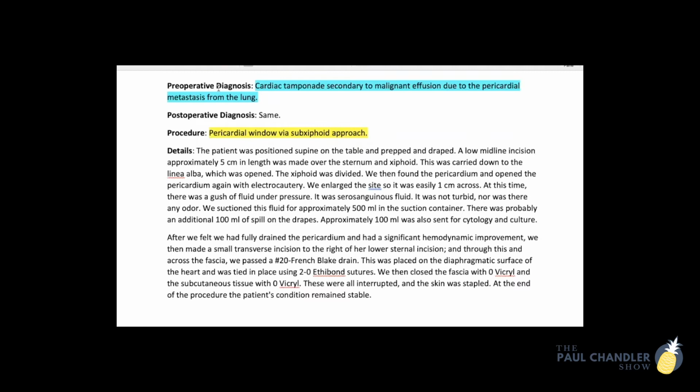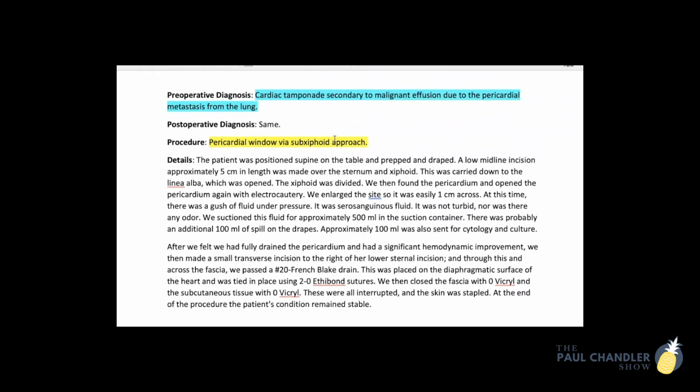Now, looking at the details of the procedure, this is where we get a lot of the more in-depth information. The patient was positioned supine on the table and prepped and draped. That's face up, cool. Don't care right now.